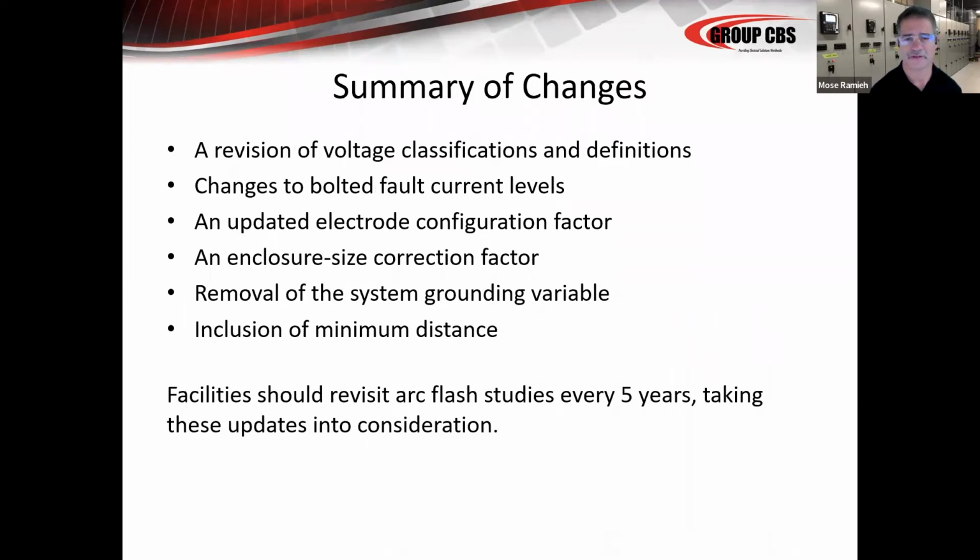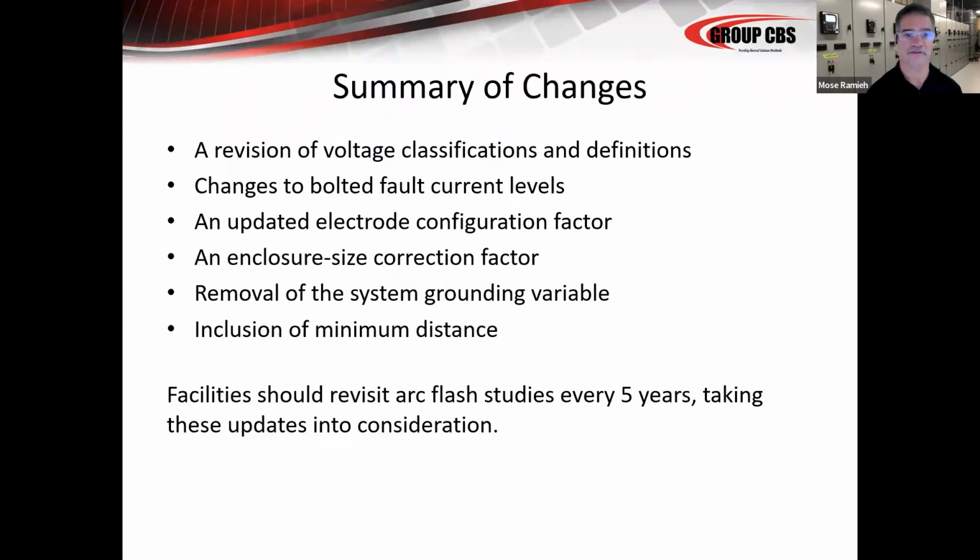What that basically means is if it's horizontal bus or vertical bus, that has different arc flash values based on those orientations. And so the new software incorporates that type of data into the calculation. Enclosure size, this is actually a big one for a lot of folks. If it's an open air explosion, it kind of goes 360 degrees.